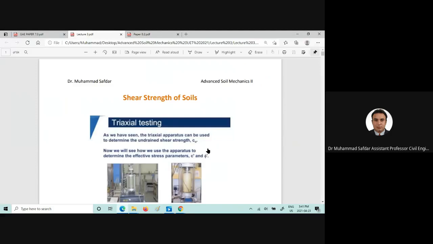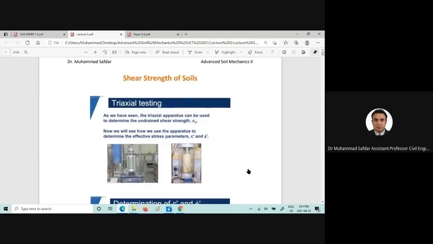So in today's class, we are going to study about the shear strength of the soils, and also we will extend our concepts and understanding related to the triaxial testing.